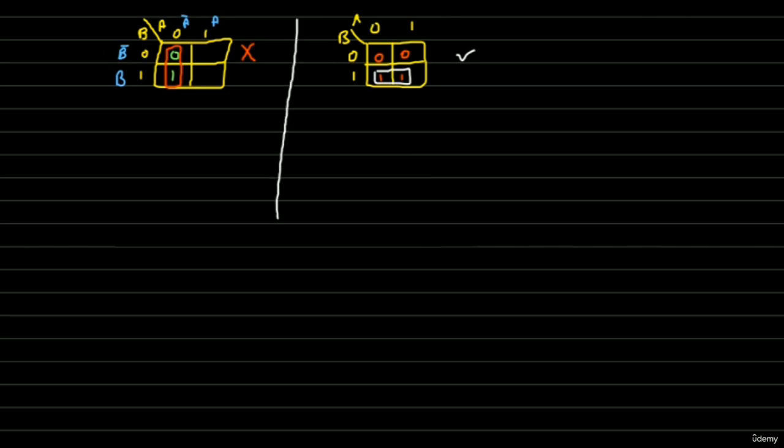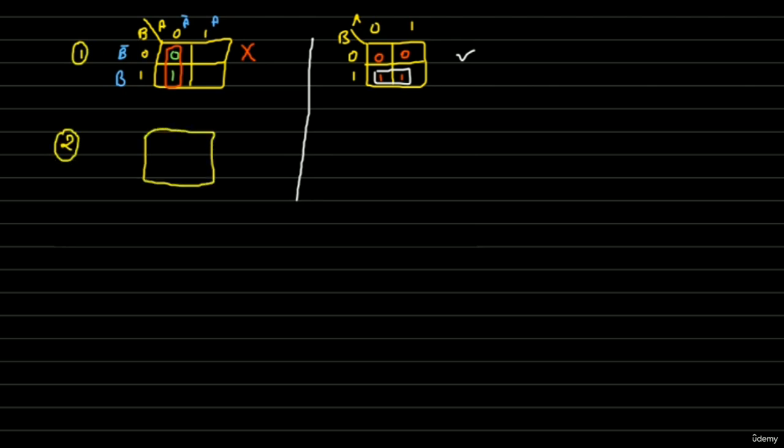Okay, so let's see what else is allowed in the Karnaugh map. We have covered the first one. Now it's time to learn the second thing. Now imagine that we again have 2 bits. Here 0, 1, 0, 1, A and B. And in the numbers we have 0, 1, 1, 0.